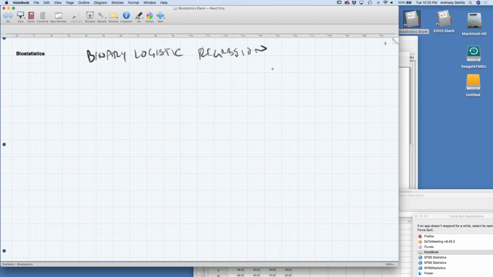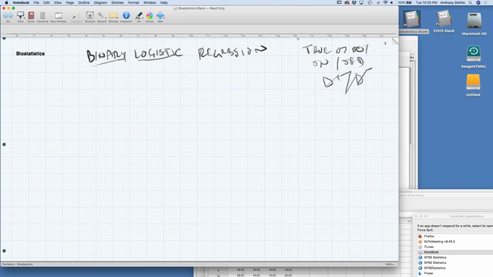So what is that all about? First of all, let's look at binary and logistic. Remember the Venn diagrams and some of the other logic stuff that we looked at? Logistic usually means true or not true, true or false, on or off, diabetic, not diabetic.